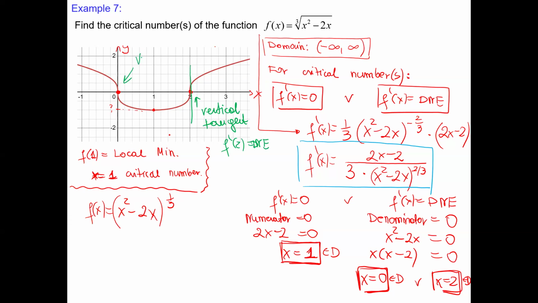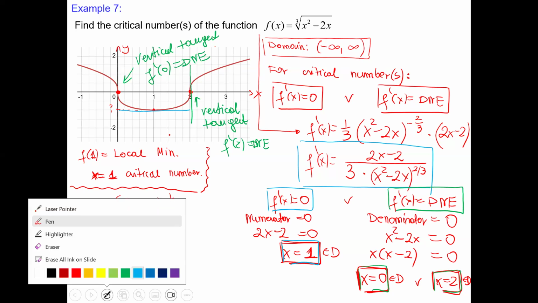Also at 0, vertical tangent, and the derivative at 0 is undefined, because a vertical tangent doesn't have a slope, no derivative. We knew, because 0 and 2 came from that condition. They are still important numbers, critical numbers. And 1 came from the horizontal tangent. All of them are critical numbers.